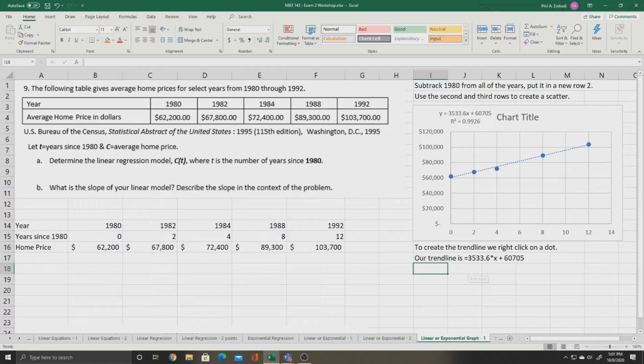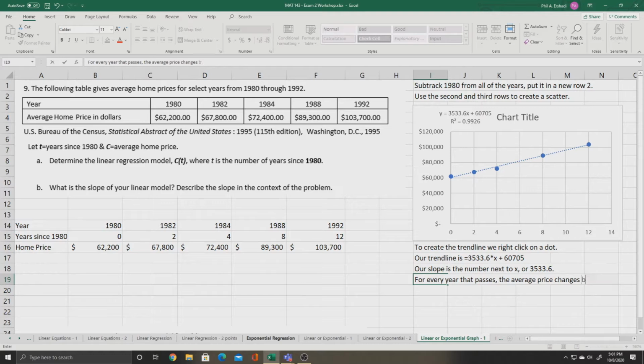So we can say that our slope, or rate of change, is the number next to x, which is 3533.6. That means for every year that passes, the average price changes by $3,533.60.